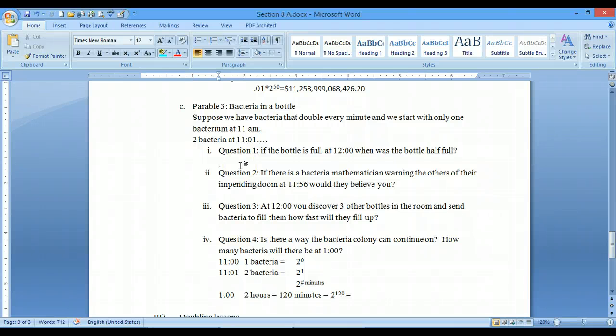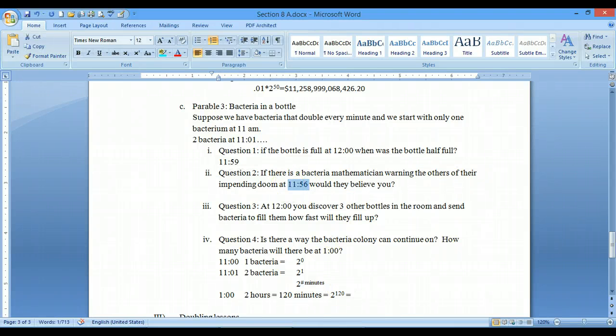If it's doubling every minute, then it was only 1 minute before, at 11:59, that the bottle was half full. If there is a bacteria mathematician warning the others of their impending doom at 11:56, would they believe the mathematician?